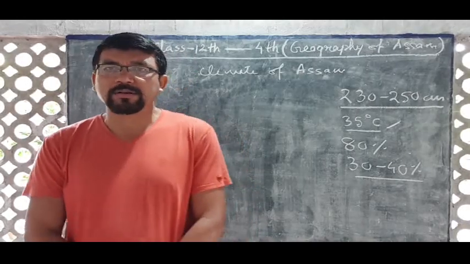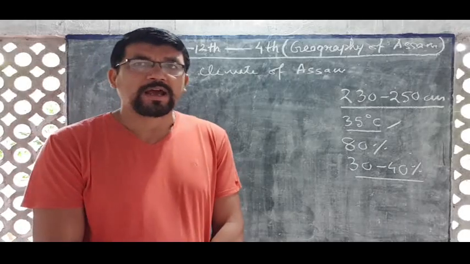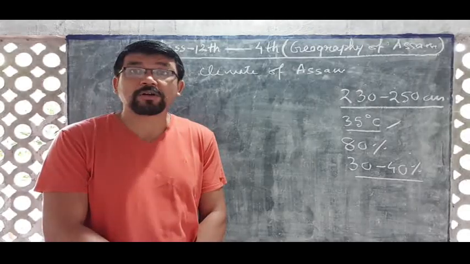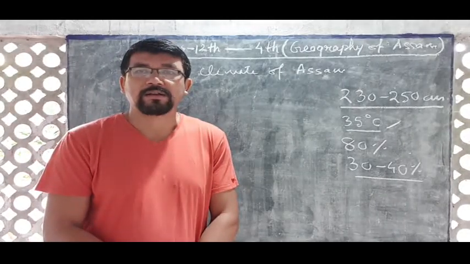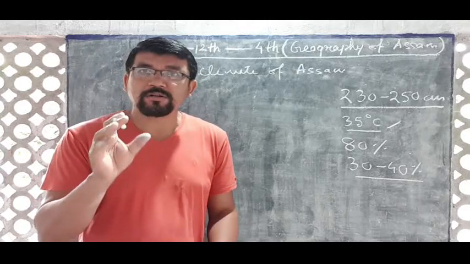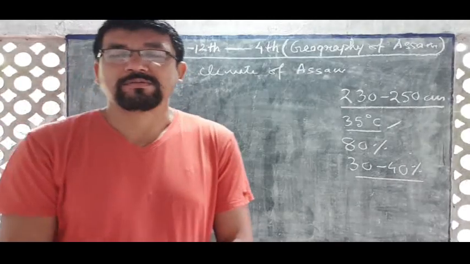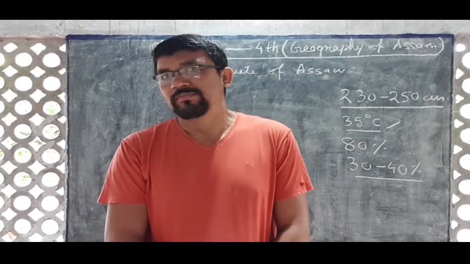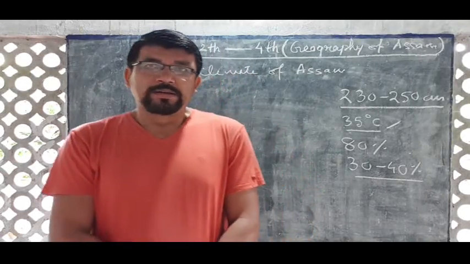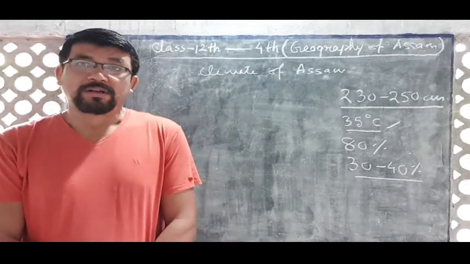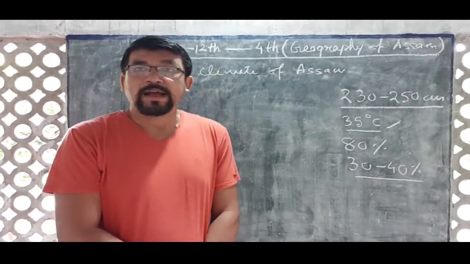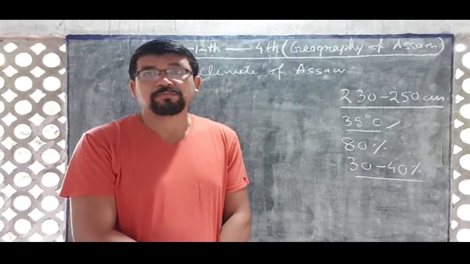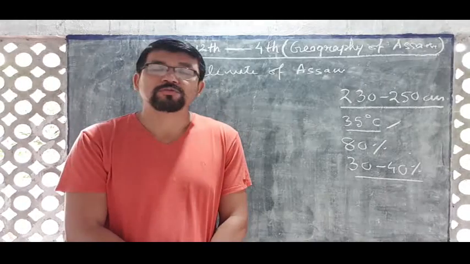The climatic condition of Brahmaputra River Valley and Ganga River Valley is quite different, but they are located in the same latitudinal line. That means the climatic conditions should be the same, but they are not. Why? Because the climatic condition is not the same as the landform system. The landform condition of both river valleys is quite different.